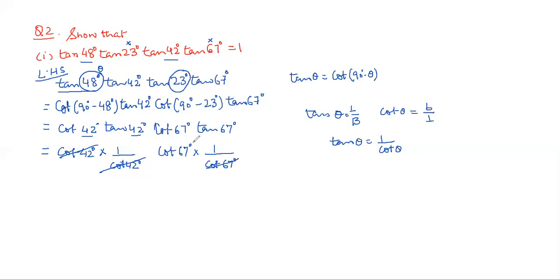So this and this will again cancel, and our answer will be this, which is equal to RHS, and hence proved. So this way we will proceed to solve the questions of this exercise.